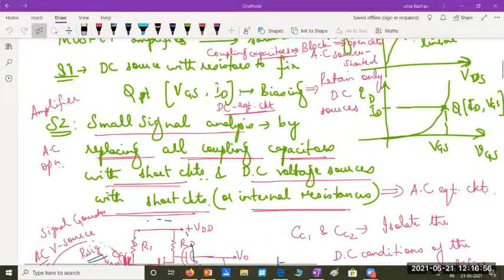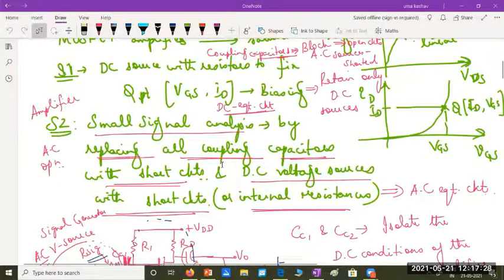We have studied two techniques to do the bias, that is the fixed VGS bias and fixed VG bias. Both we have studied. The second part is small signal or AC analysis. In order to do small signal or AC analysis, the first step is to replace all capacitors with short circuits and replace all the DC voltage sources with short circuits or the internal resistances present in the voltage sources.